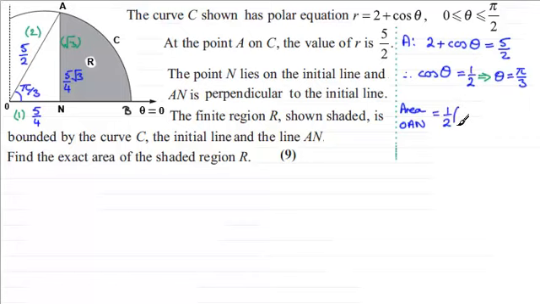So that'd be half the base, which is 5 over 4, times the perpendicular height, which is 5 over 4 root 3. And what do we get if we work this out? Well, it comes to 25 root 3 over 32. Okay, so we've got our triangle's area.